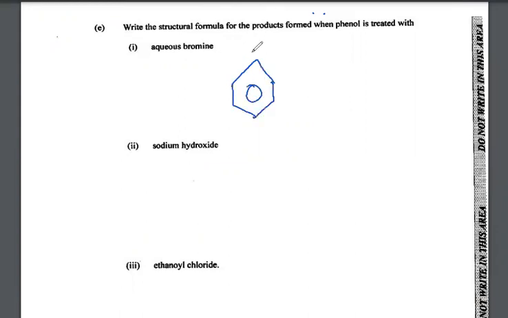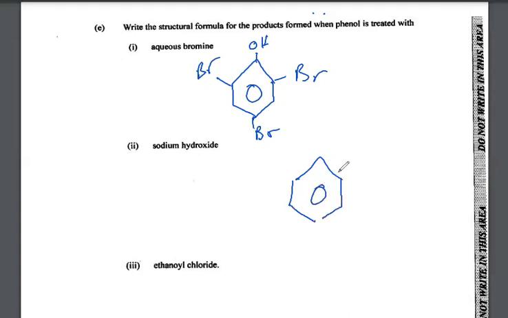When phenol reacts with aqueous bromine, we get 2,4,6-tribromophenol. With sodium hydroxide, we get the phenoxide ion, sodium phenoxide. With ethanoyl chloride, ethanoyl, two carbons.